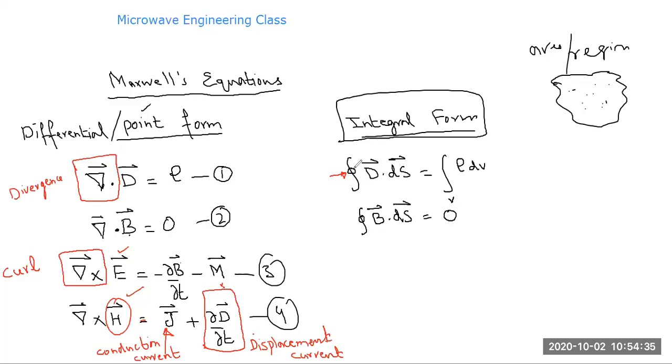You may think whether you put this circle or not is a minor mistake, but it is not, because this circle means that you are taking a closed surface integral. If you don't put this circle, you are taking an open integral. So the meaning is totally changed. Make sure that you don't make such mistakes in your exam.